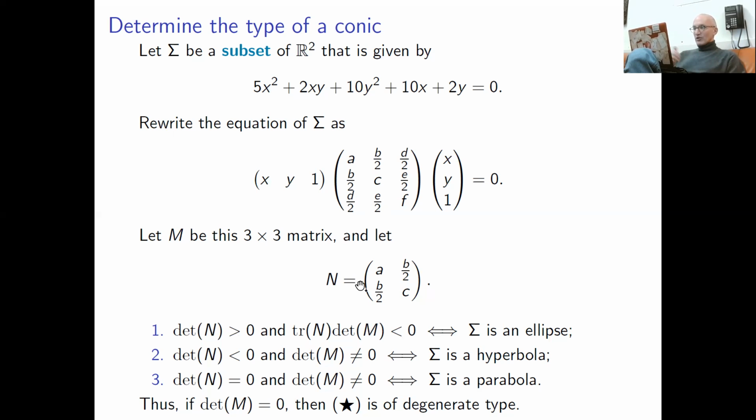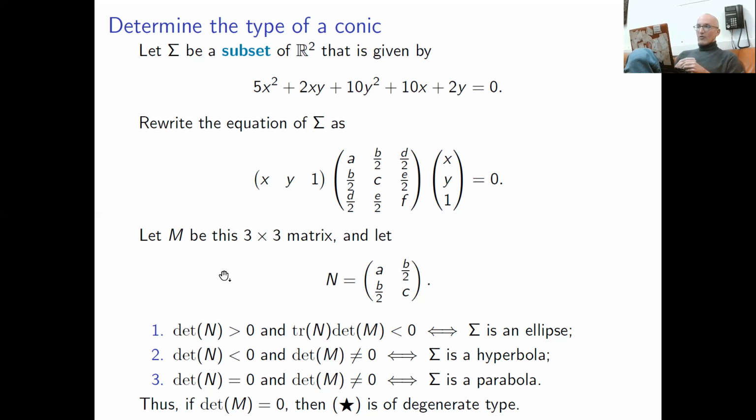So if the determinant of the small matrix N is positive, and the sign of the determinant of this big matrix M and the sign of the eigenvalues are of different signs, this is an ellipse. If they are of the same sign, this is an imaginary ellipse, which is the empty set in the real world.